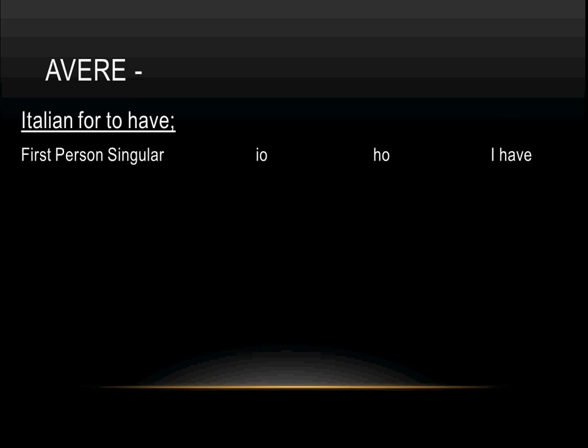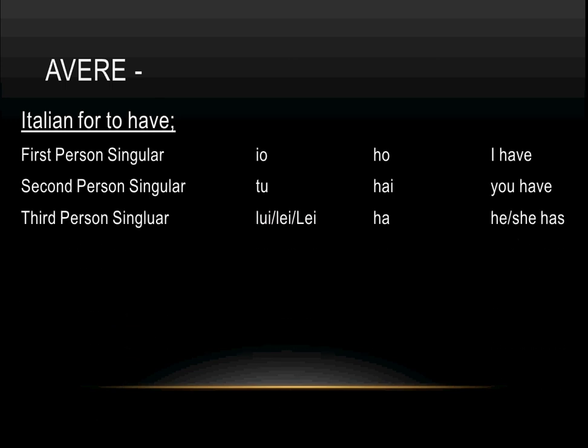Another Italian verb, avere, meaning to have. Io ho, I have. Tu hai, you have. Lui, lei, ha, he or she has. Noi abbiamo, we have.